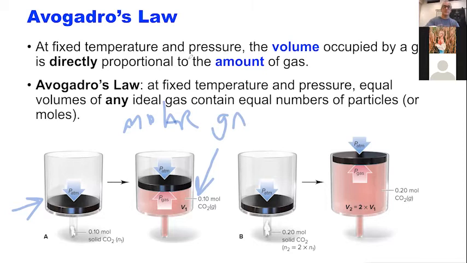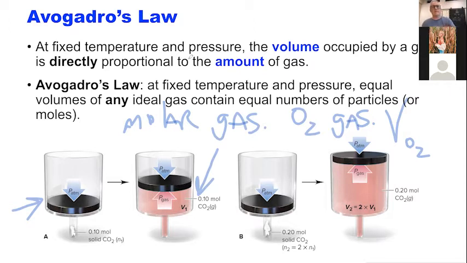So we're going to generate moles of oxygen gas, and then measure the volume that oxygen gas takes up. We're going to see what the relationship is between the number of moles of oxygen we produce and the volume it produces. Will we be changing the temperature or the pressure during this lab?